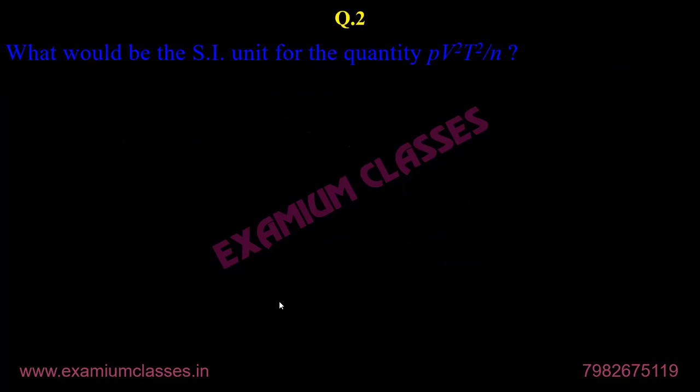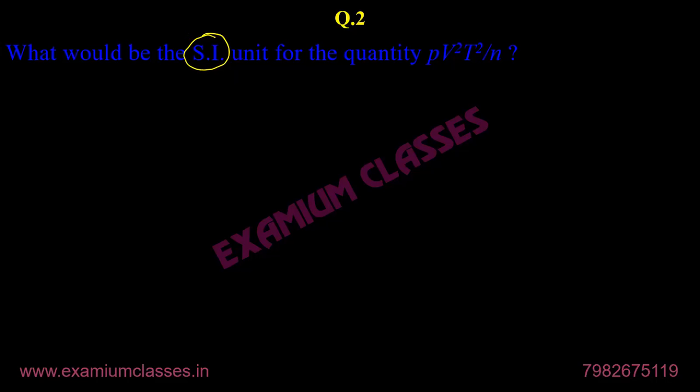Next question. What would be the SI unit for the quantity PV square T square by N, where they have their usual meaning? You just need to put the units and get the value. That's the hint.